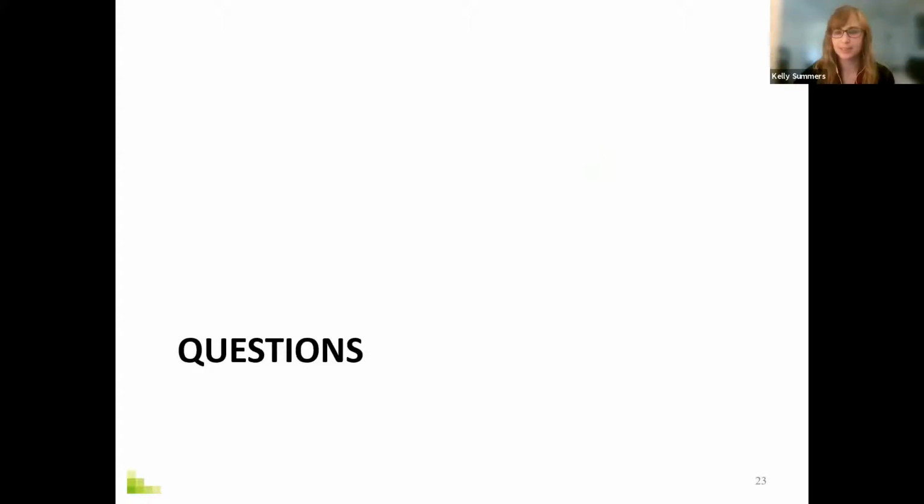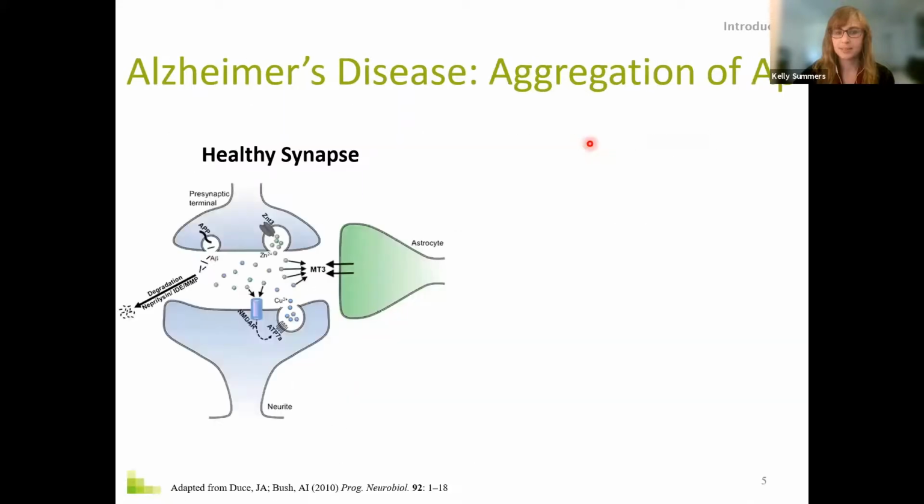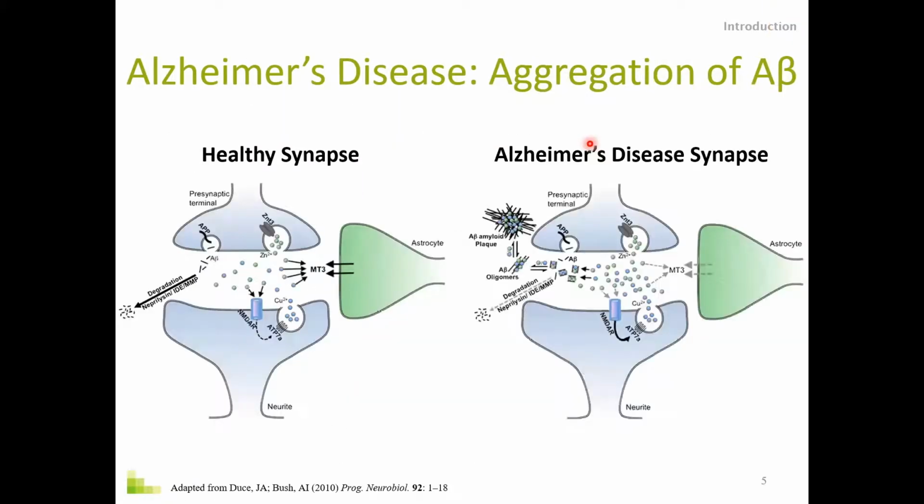Yes, so you see here you have MT3, metallothionein 3, and it looks like it's coming from the astrocyte, but astrocytes express MT1 and MT2, but to the best of my knowledge, they should not express MT3. So I want your comment on why it is MT3, not 1 or 2?